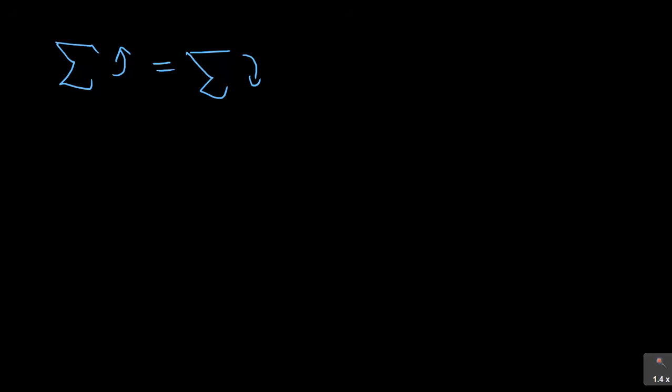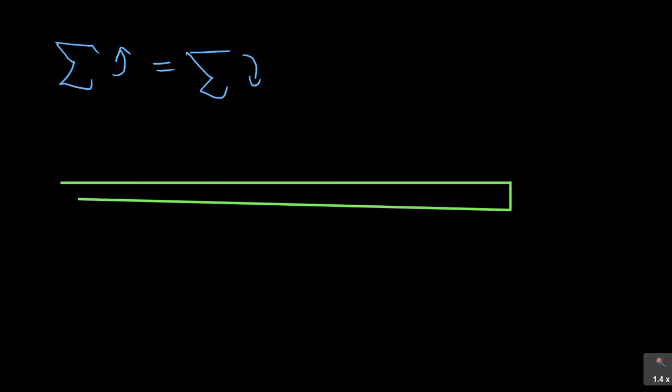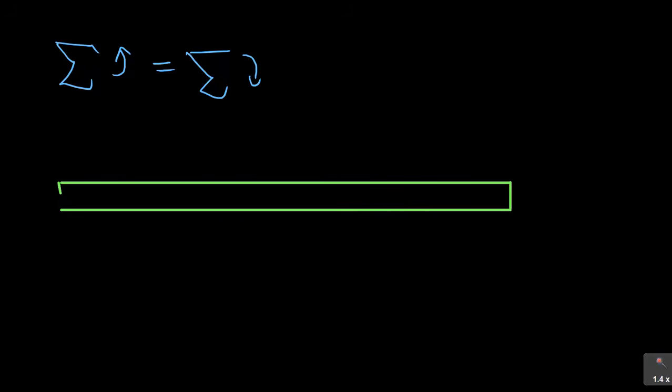Now, the last thing that I want to bring to your attention, so that we finalize this part, let me again have my beam. So if I have a beam like this, this is my beam, and it's a light beam. And now if I have forces that are acting on this beam, for example, I can have a force that is acting at this end of the beam. That force, I'll call it F1.